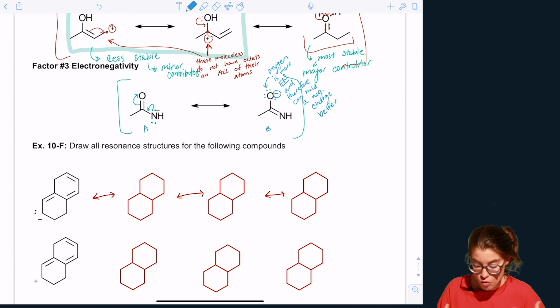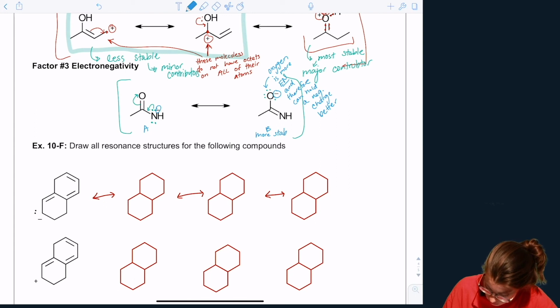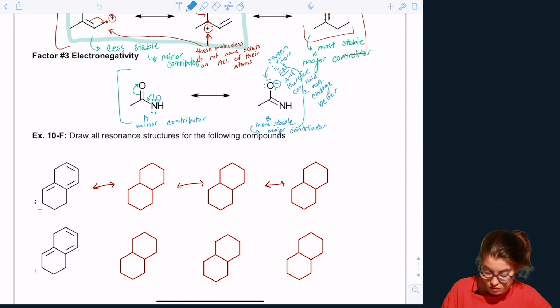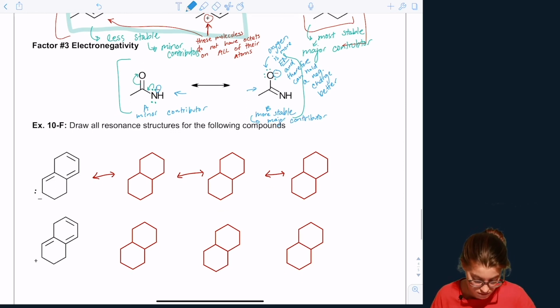It's more stable when holding a negative charge than when nitrogen's holding a negative charge, which means that molecule B is more stable, which means that it is the major contributor, whereas molecule A is a minor contributor. So the resonance hybrid will look more like B than it does like A. However, A still contributes some of the character to the hybrid, okay?